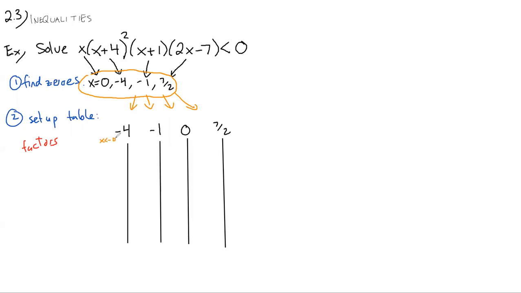You don't need to label this, but it doesn't hurt to do so. Negative 4 less than x less than negative 1. Just make sure you leave yourself a little bit of space there so that we can write out those factors. That's the biggest reason why I'm writing these column headings, is just so that I remember to make that space.